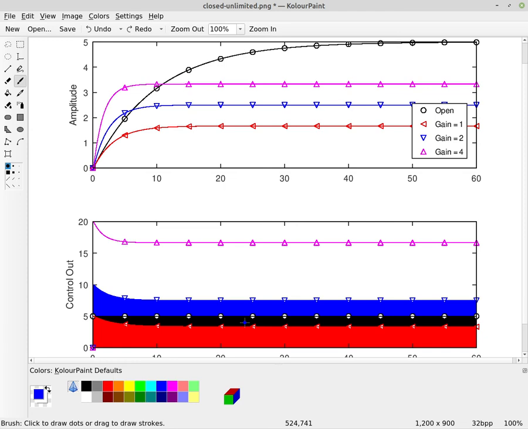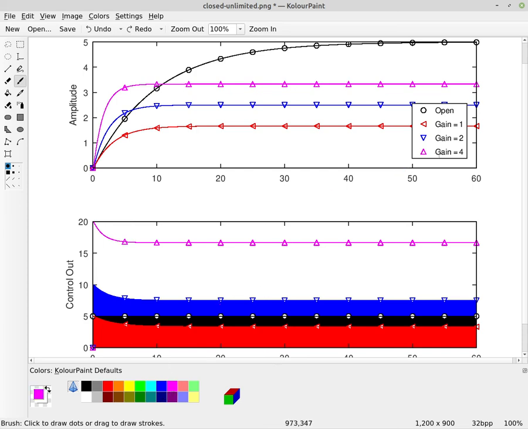Now, you might be saying, why would we even bother? Well, with open loop control, any disturbance, we can't respond to it. But with either of these closed loop controls, either a gain of 1 or a gain of 2, at least we are going to respond to a disturbance in the system because we have that closed loop feedback.